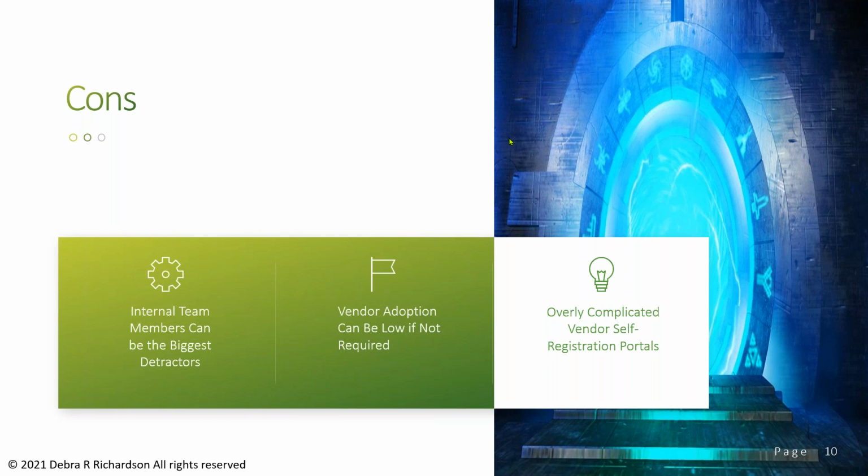Also, you want to provide instruction within the portal in PDF, video, even chat format if your portal allows that, to avoid those abandoned registrations because they did not know how to complete or answer the questions. And we'll get to that in the next one too.